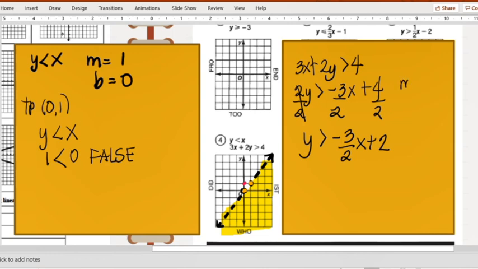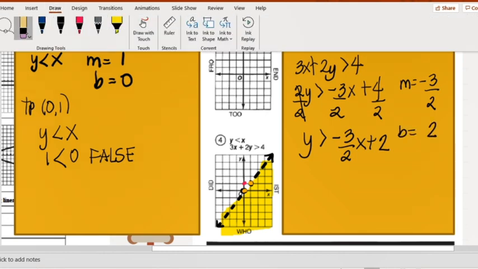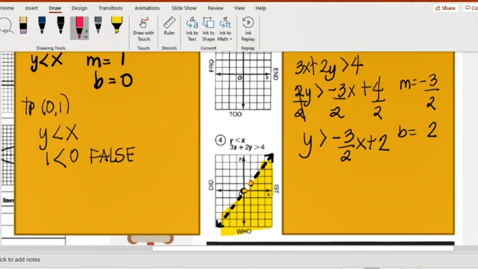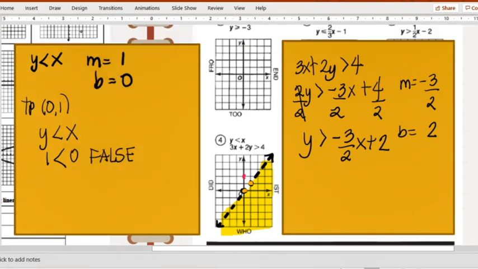So, our m is negative 3 over 2 and our b is 2. If we plot points, I'll erase this. So, we are at 0, 2. Then we're going to rise 3, 1, 2, 3. Then run 2 to the left because it's negative.